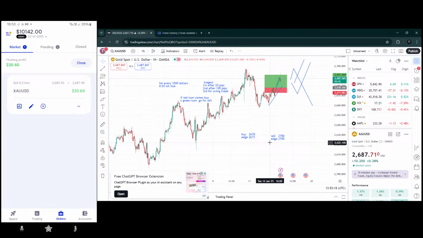So I booked some profit, $11, and the rest is very close to our break even, but you must do the break even, then there is no damage to your capital. Always do break evens.